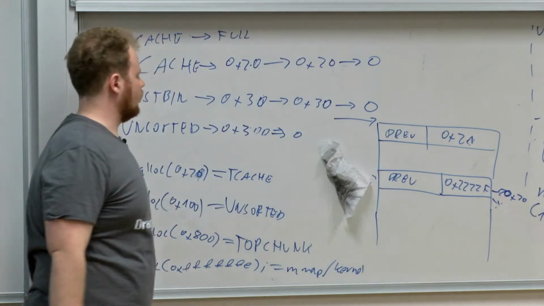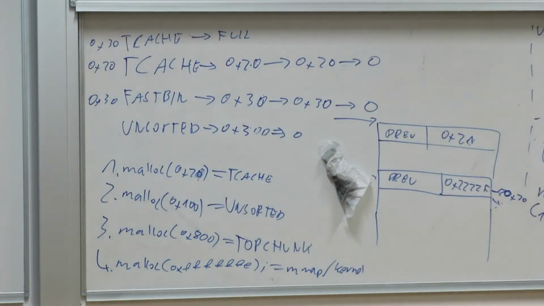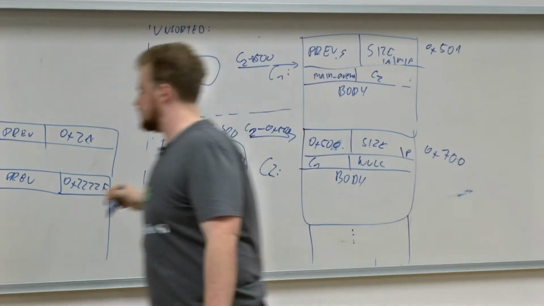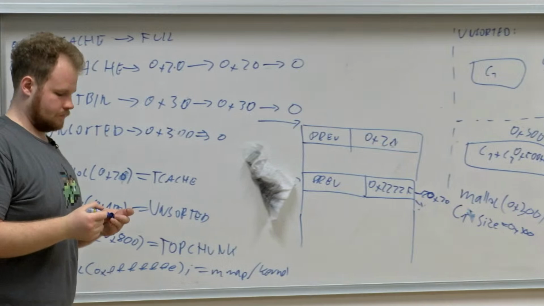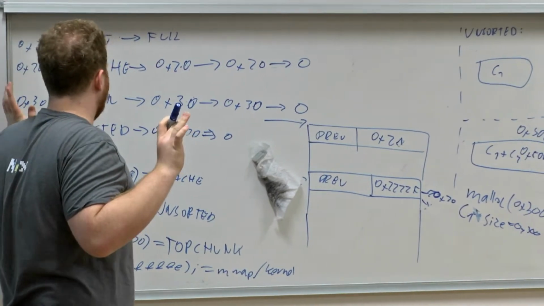And this chunk will be put on the heap with the m bit set. So here you have m, p, a. The m bit will be set because this chunk was m mapped, the big one. And this is it. This is the whole hierarchy of the heap.